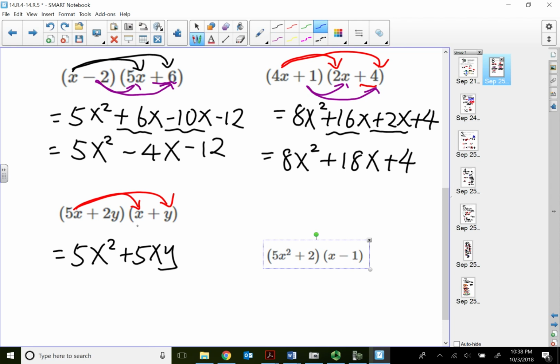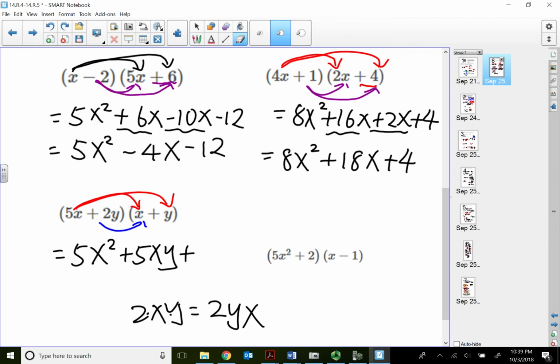All right, my inner, 2y times x means 2yx. But multiplication has commutative properties. So 2yx can also be written as 2xy. We normally go by alphabetical and exponents. You probably remember me mentioning something like that before.